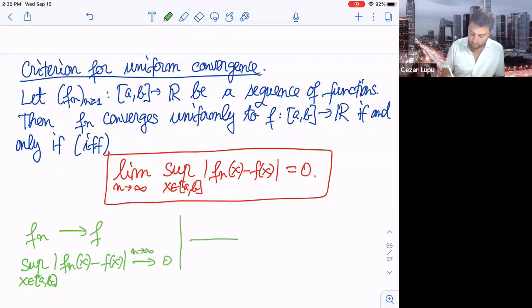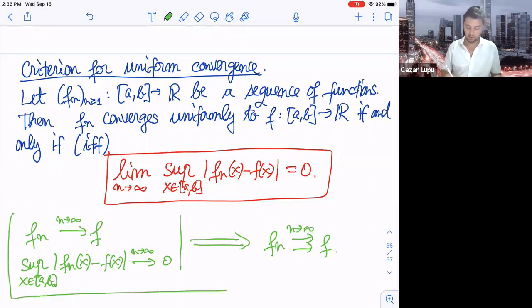Then definitely these two will guarantee that Fn converges uniformly to f. So that's a pretty cool criterion. That's what you need to know.